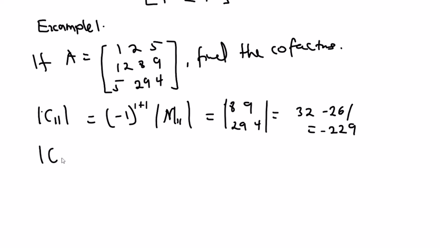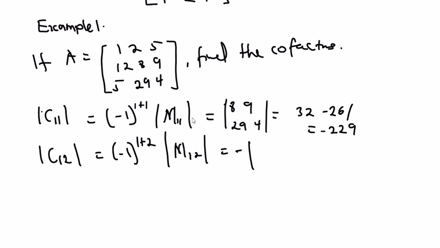Now the next one, we are still in row 1, so C12, column 2. So we have negative 1 exponent 1 plus 2 times the minor of 1 2. This is an odd number, so definitely this is going to be a negative number. Now that entry is at which place?